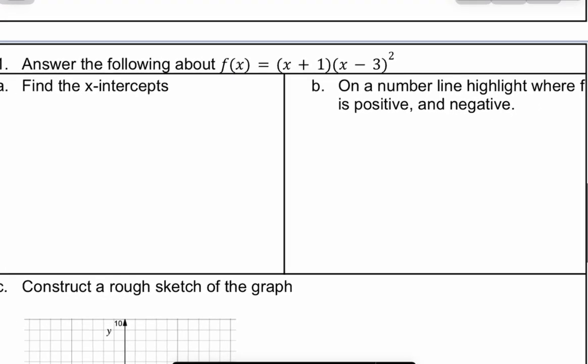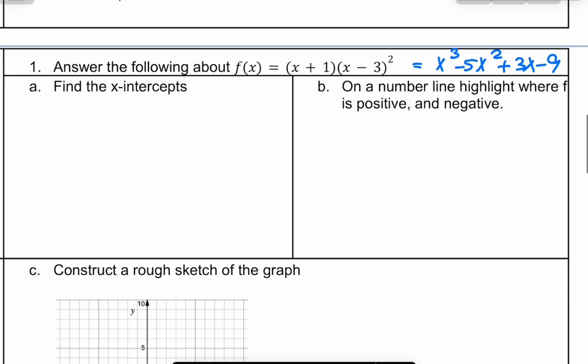This is an example of a polynomial. If you were to multiply it out, you get x cubed minus 5x squared plus 3x minus 9, okay?